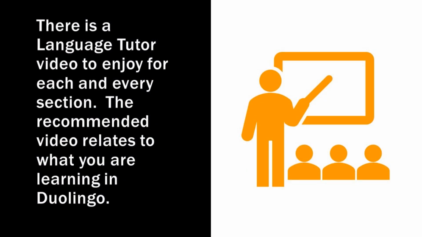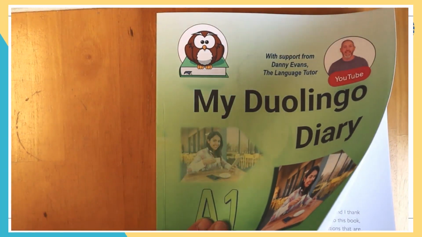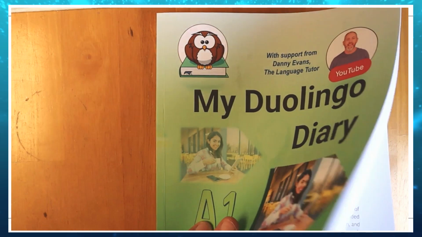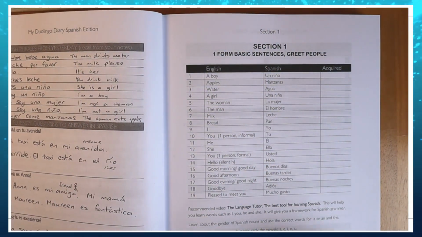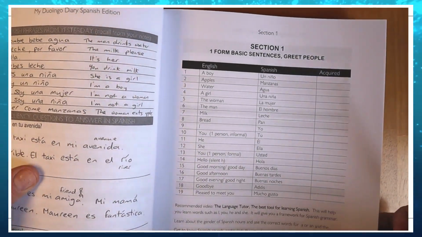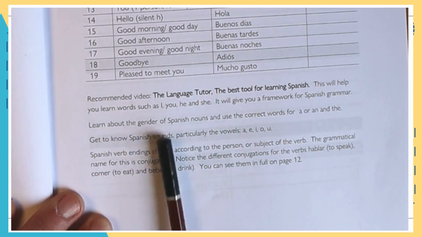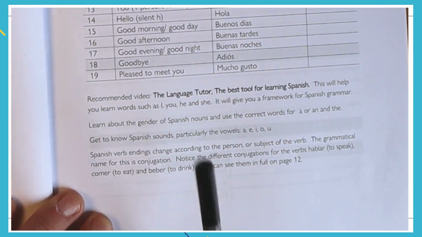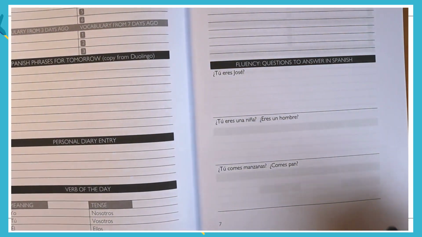I'm so delighted to team up with Danny Evans, the language tutor, for this, because I think that if you use Duolingo and this book and Danny's videos, I think you're guaranteed to learn Spanish. As well, here are some of the things that you're going to come across in this Duolingo lesson, the forming basic sentences and greeting people lesson.